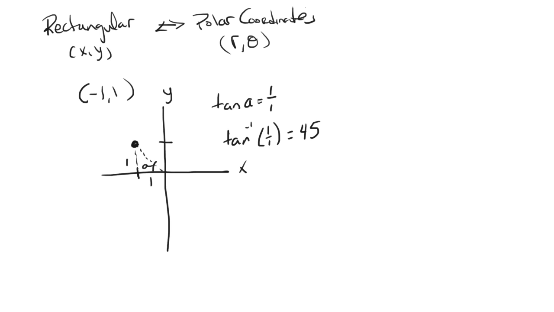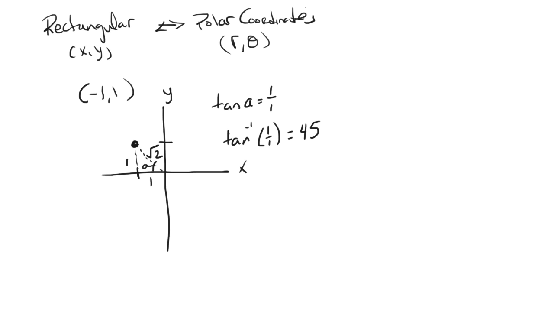And so 1, 1, and I need to do the Pythagorean theorem, and I know that this is rad 2. Now, if this was a vector, this rad 2 would have been called the magnitude. But since we're doing polar coordinates, this rad 2 is called the r value.